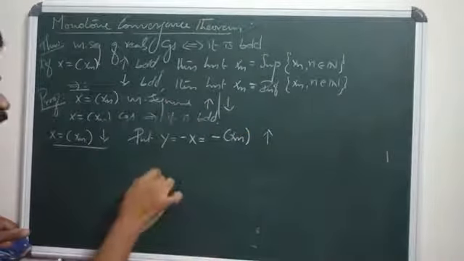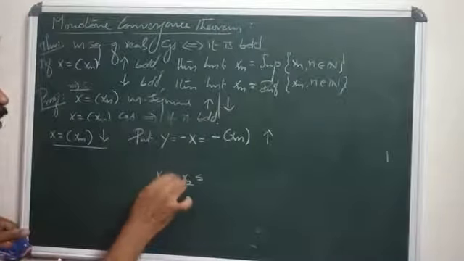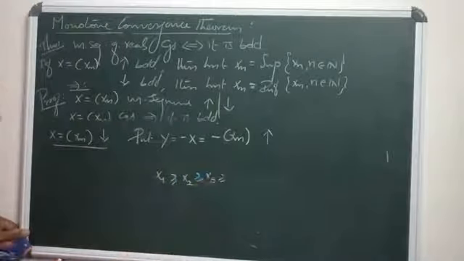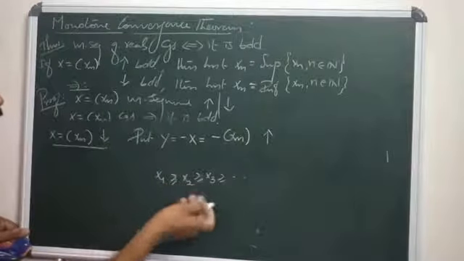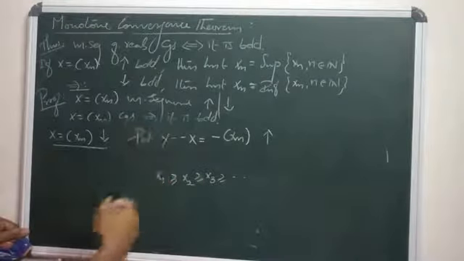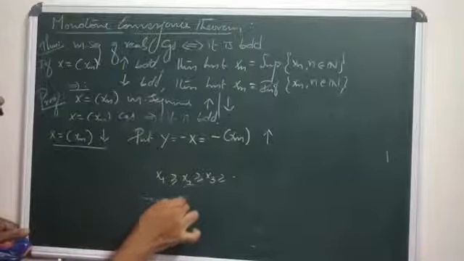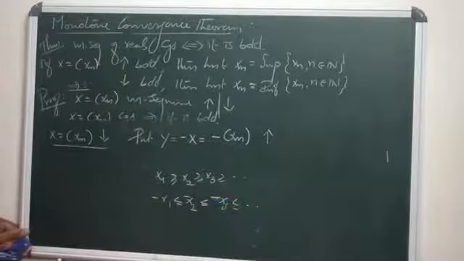Why? Because x1 greater than or equal to x2 greater than or equal to x3 greater than or equal to and so on. This is a decreasing sequence. Multiplying throughout by a negative sign, minus x1 less than or equal to minus x2 less than or equal to minus x3 less than or equal to and so on.